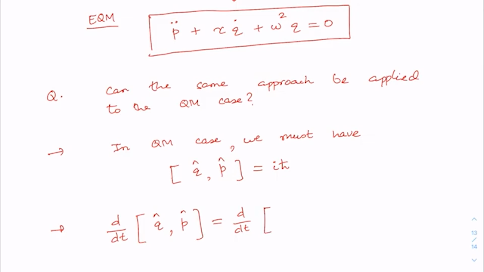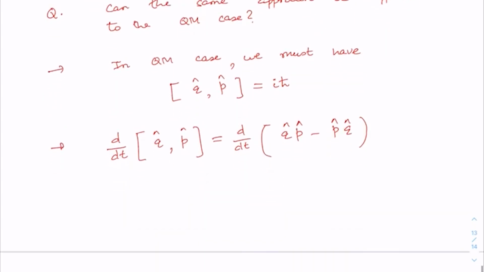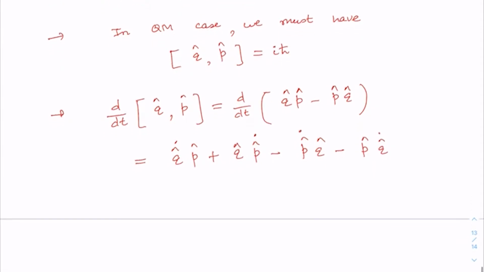We have qp minus pq. So let me expand it. This will give me q dot p plus q p dot minus p dot q minus p q dot, right? So this is what I will have.